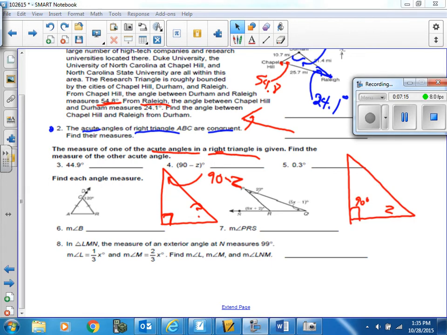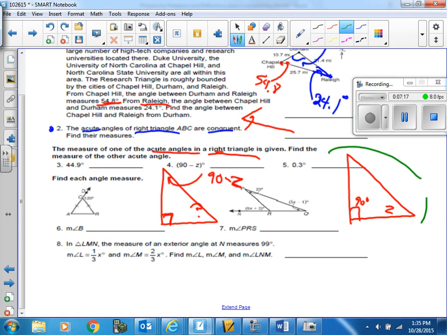Okay, I put up another triangle that I'm going to circle in green. Now, what if I gave you this triangle that I just circled in green, and I said that this angle over here was z degrees? Now, what would this one be? Well, remember, the interior angles of the triangle have to add up to 180 degrees. So that means that this angle, which we know is 90, and these other two angles have to add up to 180.